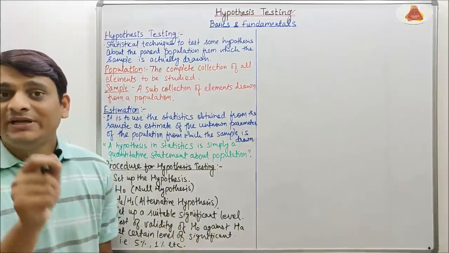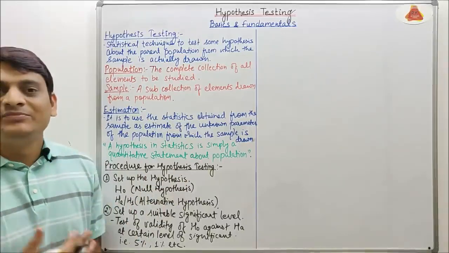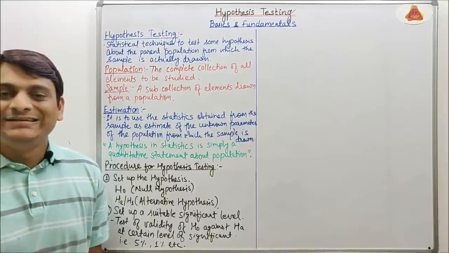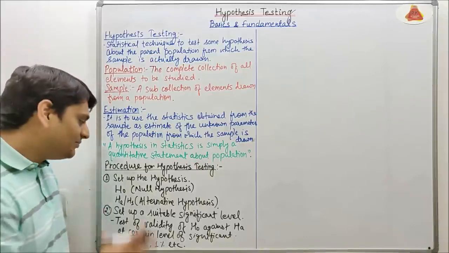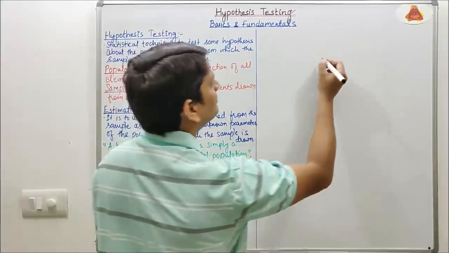Sometimes it is denoted by alpha, and this percentage may be 5%, maybe 1%, maybe 0.1%, etc. For better understanding of this significance level, first I will draw some illustrations.